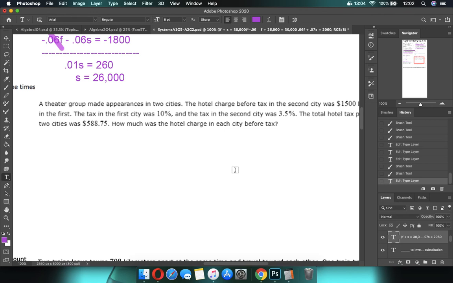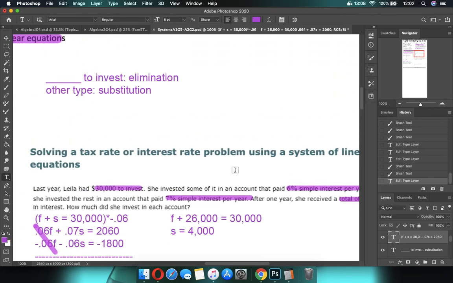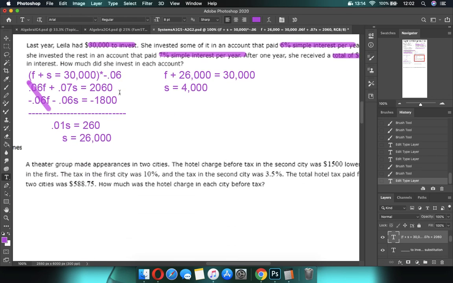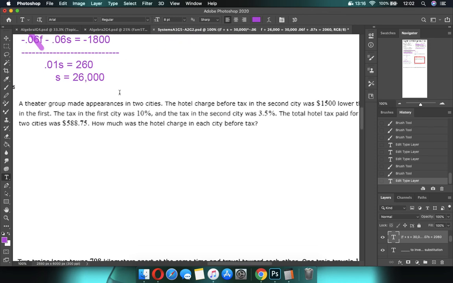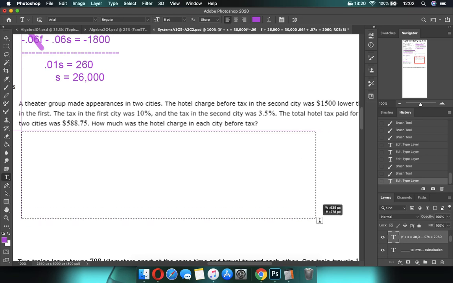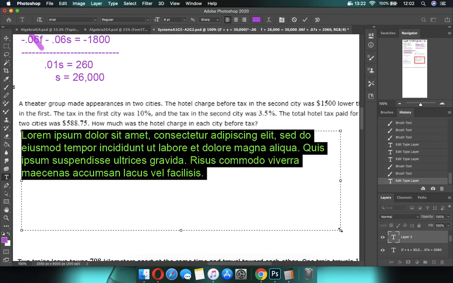All right, next one. What do we have? A theater group made appearances in 2 cities. So already, do I see any amount of money to invest? Nope, absolutely not, which means this is going to be substitution. So I already come in mentally kind of knowing what my 2 equations are going to look like. Let's see what we have.